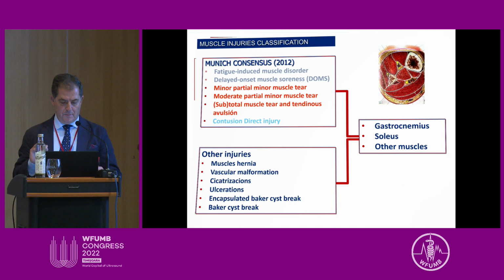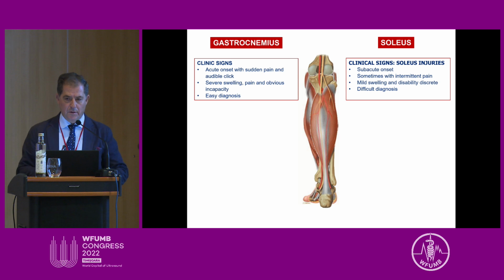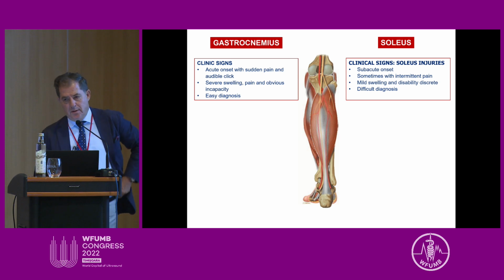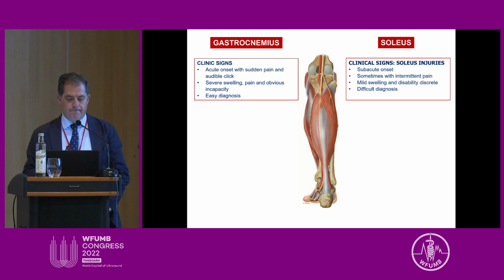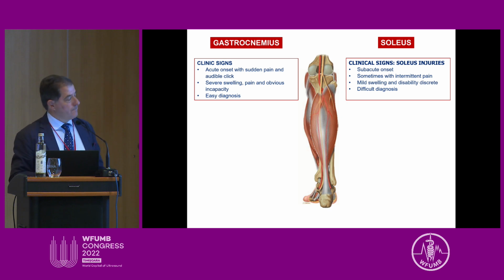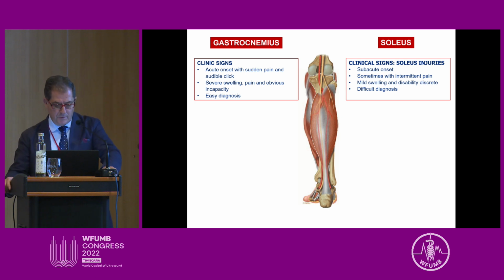In this case, we distinguish two details about the clinical signs. The gastrocnemius normally has an acute onset with sudden pain and an audible click. The swelling is severe, accompanied by pain and obvious incapacity. But in the soleus, the onset is subacute.